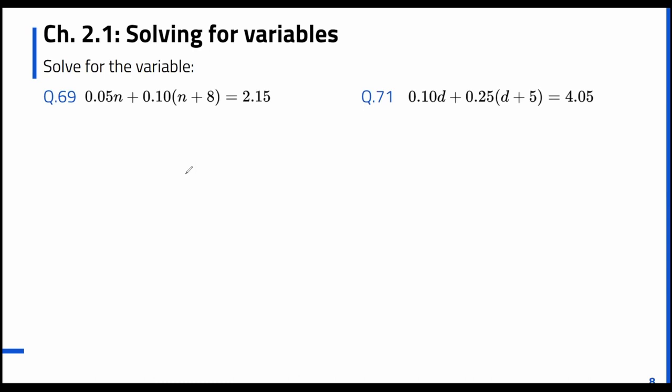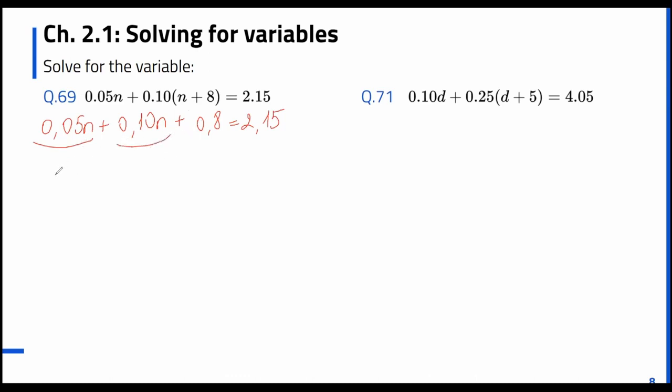Okay, let's look at the first task and see what we can do here. Firstly, we do things that are in brackets, but here we cannot do anything because we cannot add a number to the variable. So we open the brackets. Here we have 0.05n and 0.1n.